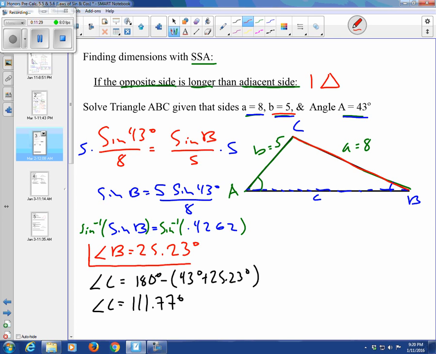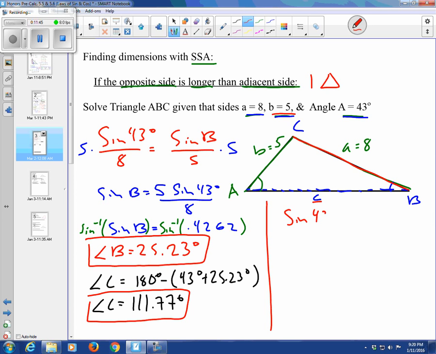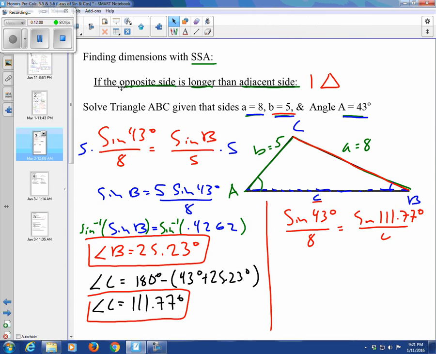Now right here, we've got two of the three dimensions we're missing, the two angles. And right here what we can do is go ahead and solve for that last dimension, our side C, by using our original ratio, sine of 43 degrees over 8, and we'll set that equal to sine of 111.77 degrees over our side C. Solve for C in the exact same way, multiply C on both sides, and then multiply by the reciprocal of sine of 43 over 8.